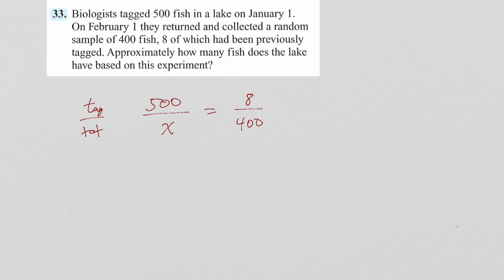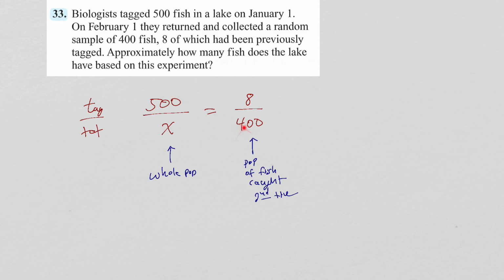So in other words, this ratio represents the whole population, and this ratio represents the population of the fish caught the second time. And these have got to be in proportion to each other.